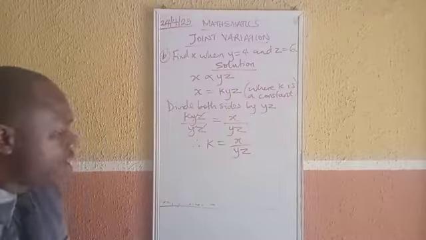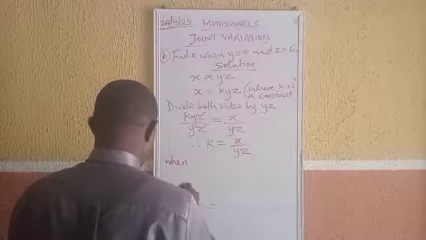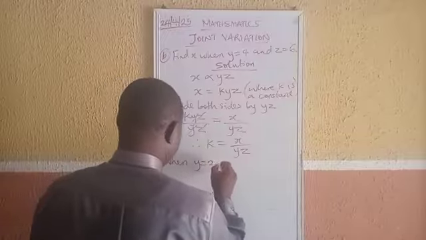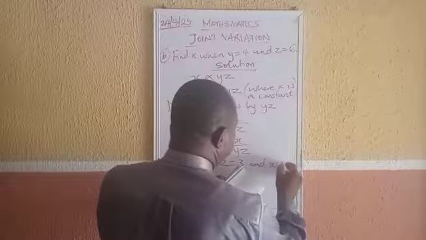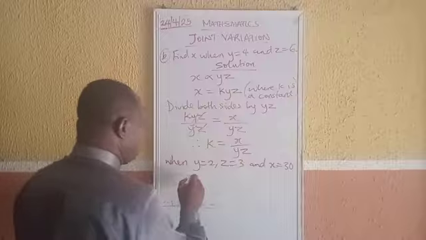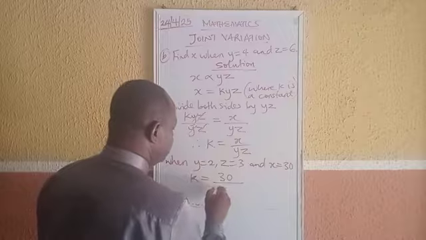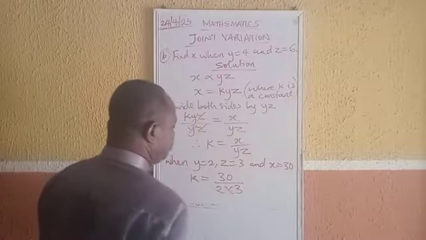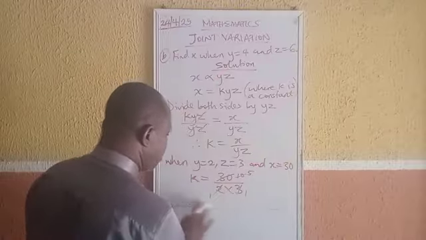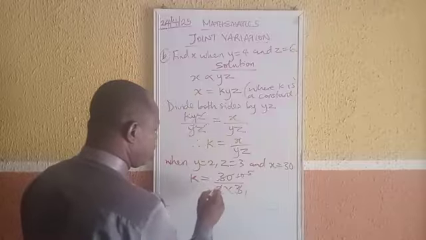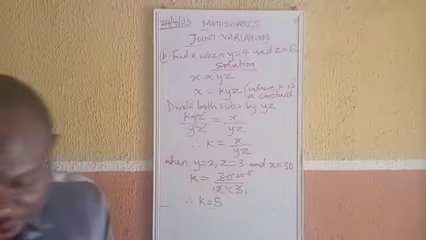When y is 2, z is 3, and x is 30, k equals 30 over yz, that's 2 times 3. 3 into 3 is 1, 3 into 30 is 10. 2 into 2 is 1, 2 into 10 is 5. So the value for k is 5.